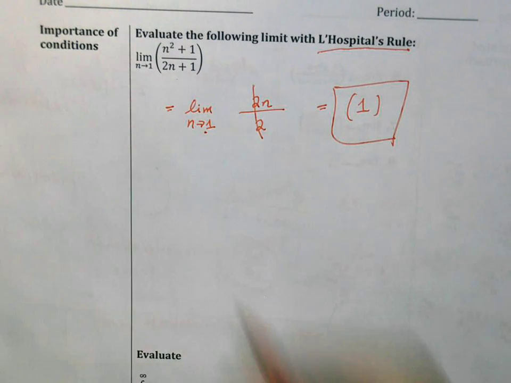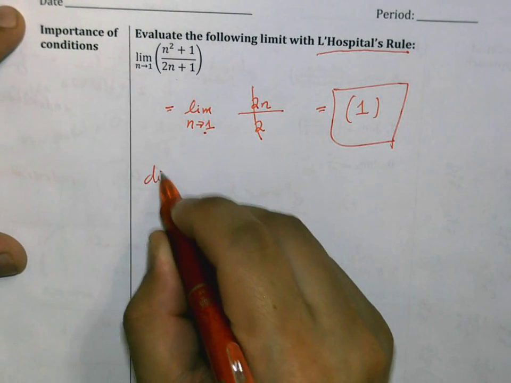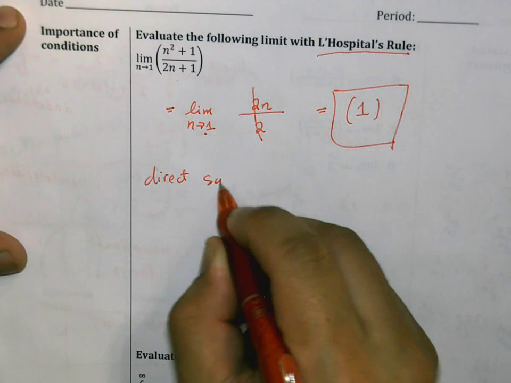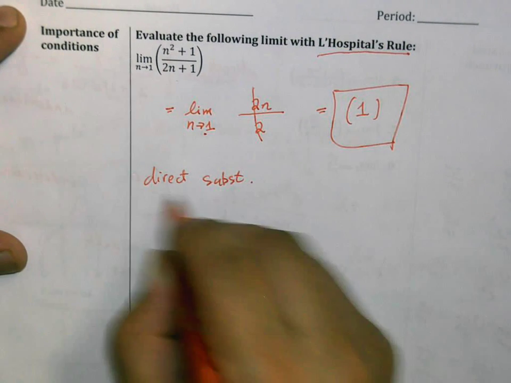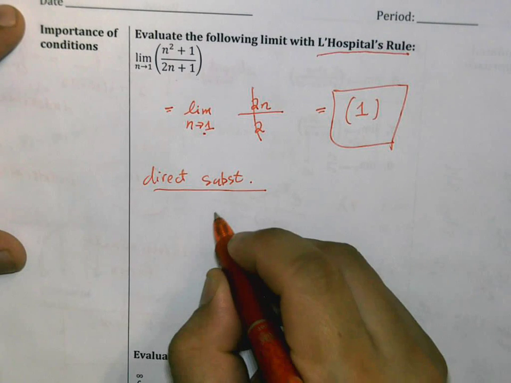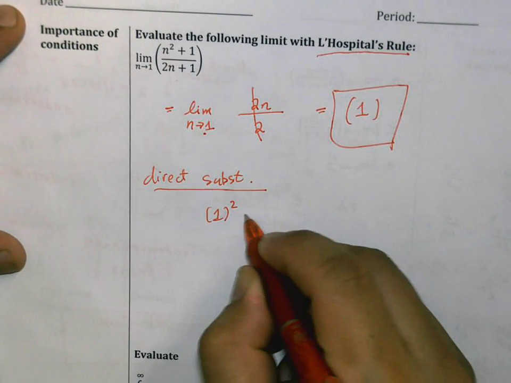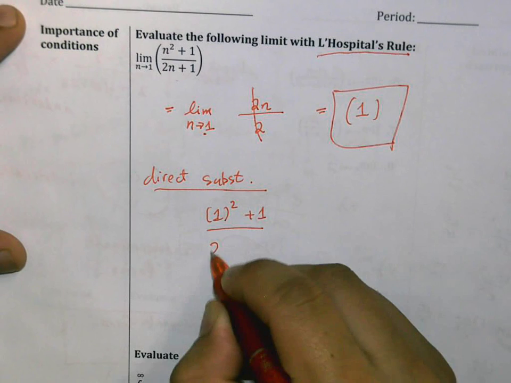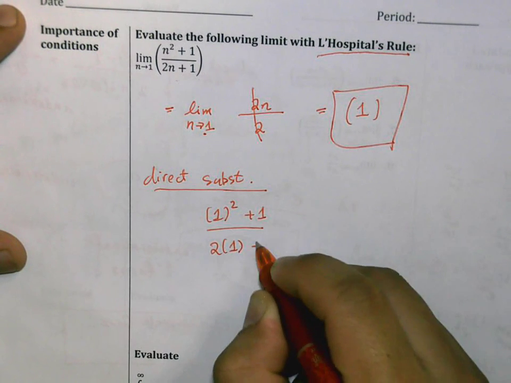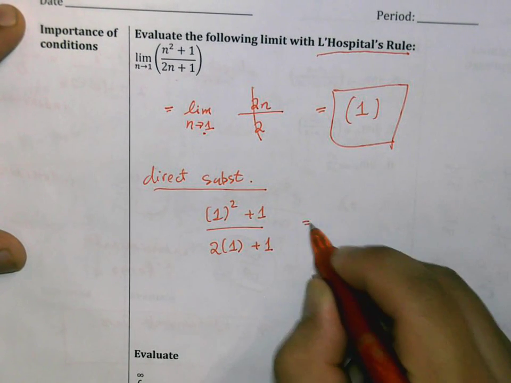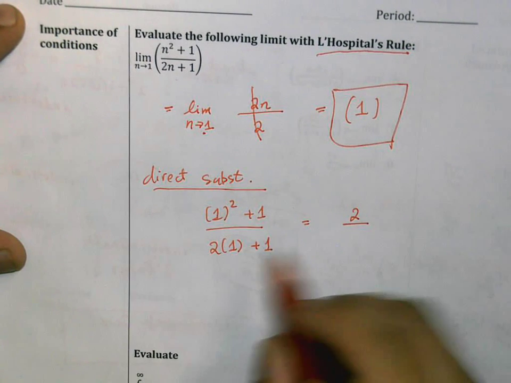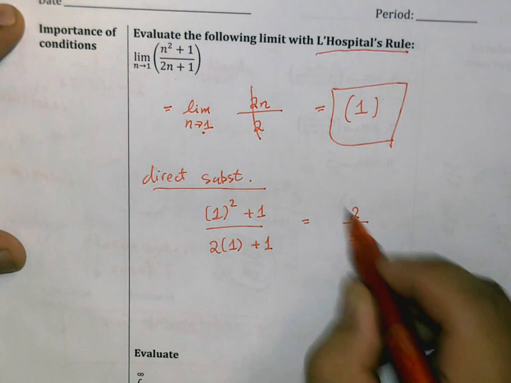However, if we just use direct substitution from the very beginning, you can see that this is 1 squared plus 1 over 2 times 1 plus 1, which is equal to 2 in the numerator and 3 in the denominator.